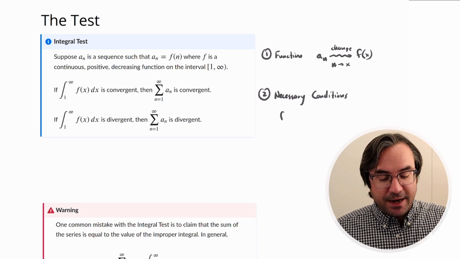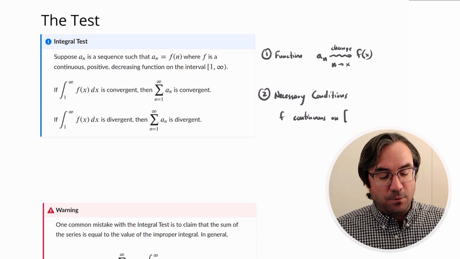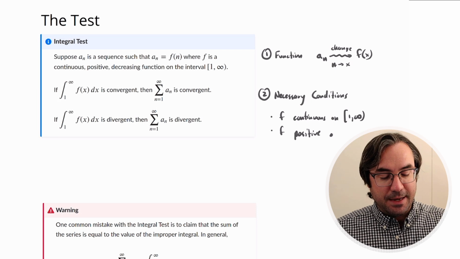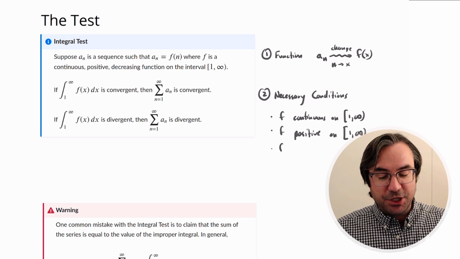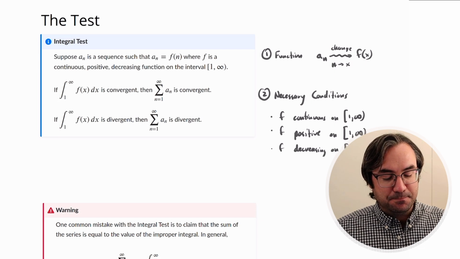We need to check that f is continuous on the interval 1 to infinity. We have to check that f is positive on that interval. And then we also have to check that f is decreasing on that interval as well.